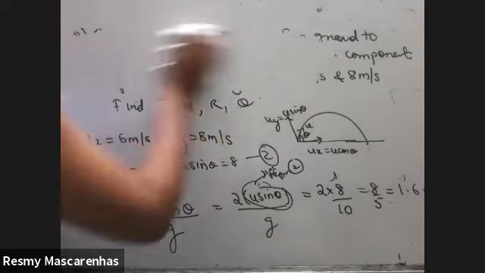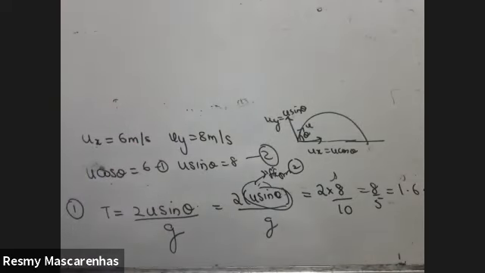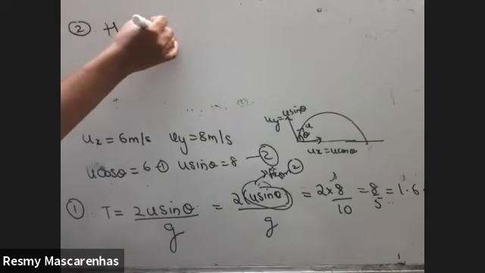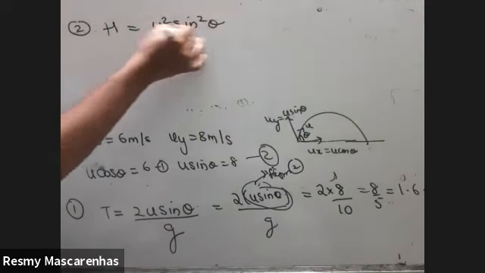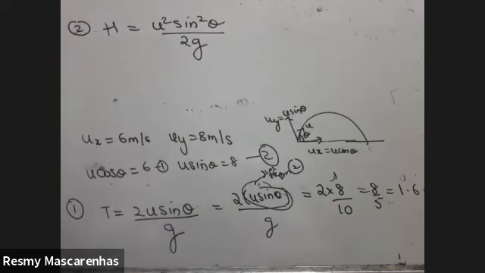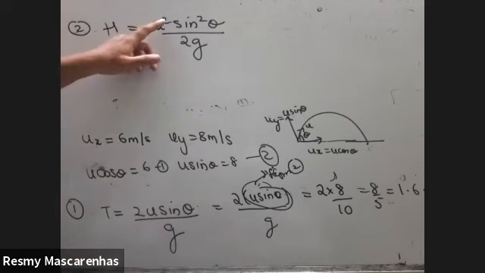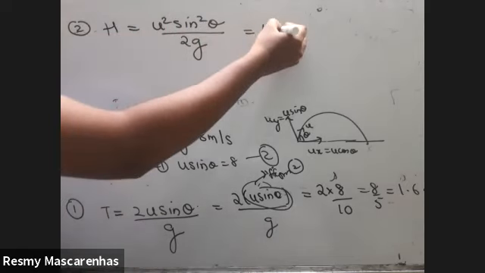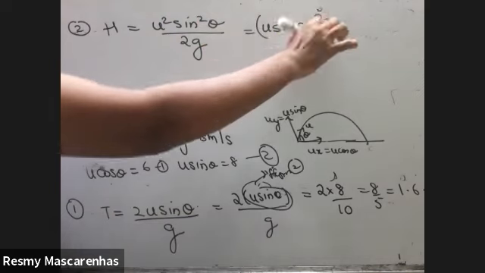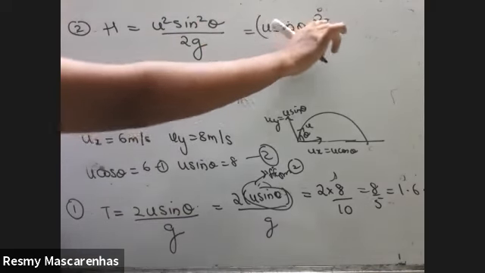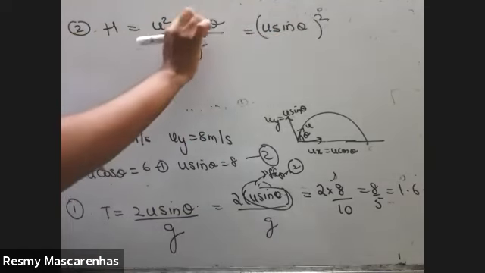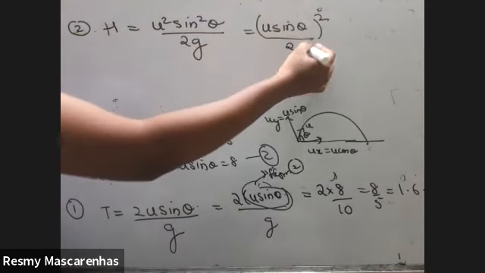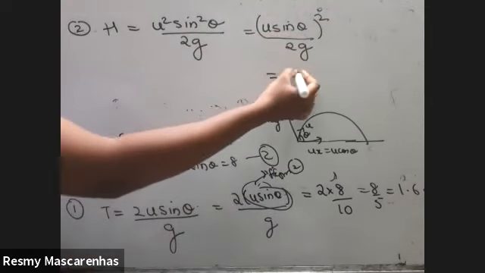Next, we have to calculate the height. Now there is a square term. What value we know is u sin theta. So what I'll do, this square is common in both. So square I'll remove out common. So this can be written as u sin theta the whole square. Because if you square, this square will belong to u also, this belongs to sine also. So it's like taking square out common. And definitely you know what is the value of u sin theta now? 8.